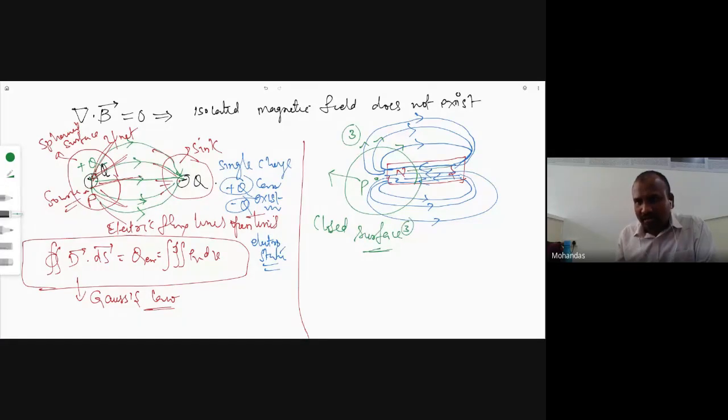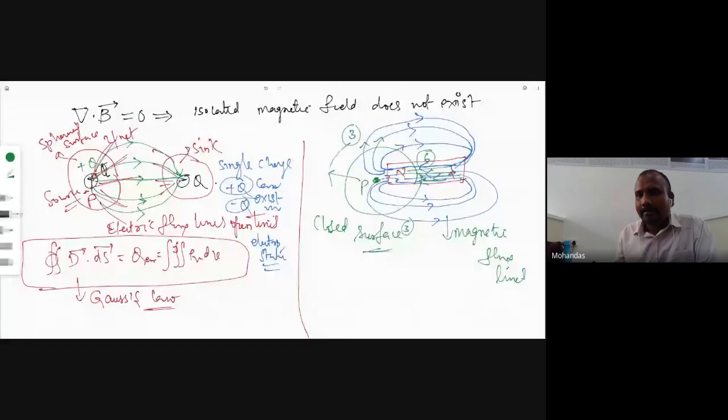So from inside the magnet, totally six flux lines are entering. So at this particular point, whatever the number of magnetic flux lines, these are continuous closed lines, closed loops. Magnetic flux lines.